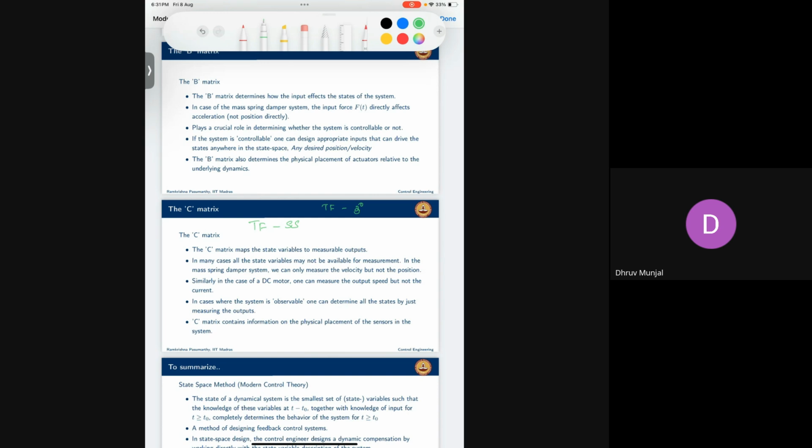And another thing is when it comes to more than one input and one output. One input, one output, we call it a single input, single output system. When it goes beyond this, we call it MIMO, multiple input, multiple output.